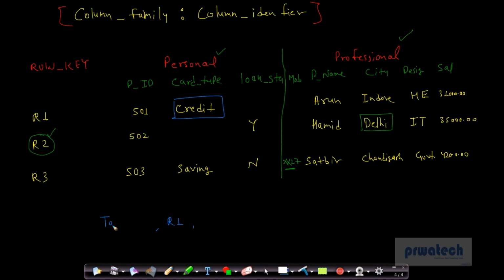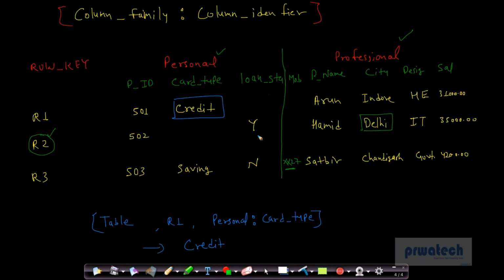So I define my table name here and R1, and I want to access this column family, so I'll say personal, then a colon, because that's how you deal with column family and column identifier, then card underscore type. That's it. When you run this query, it will automatically give you the result as credit.